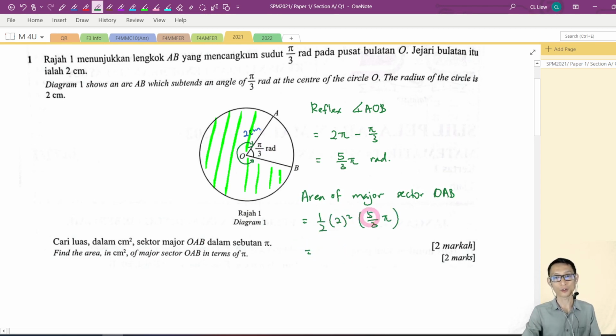Now this one you just press your calculator. 2 squared will be 4, 4 divided by 2 will be 2, right? 2 times 5 you will get 10, 10 over 3 pi square centimeter. Okay, this is the answer for question 1.